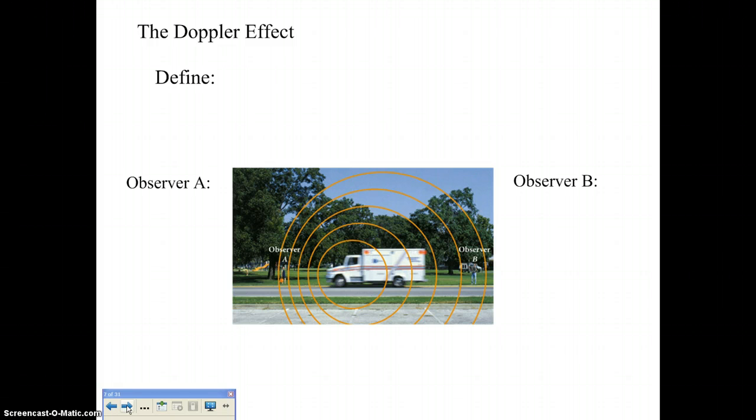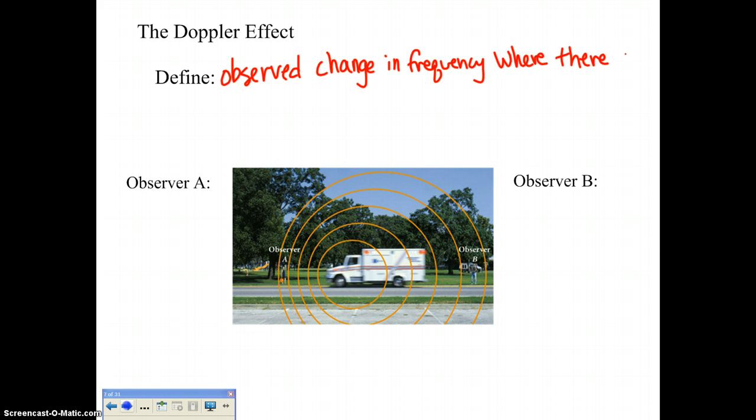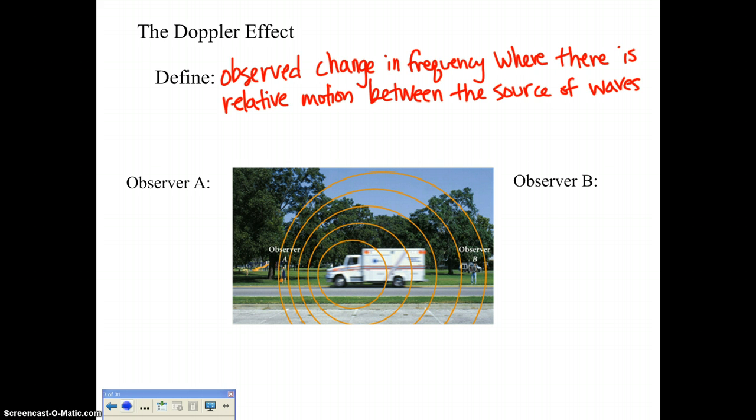Okay, Doppler effect. For the Doppler effect, what we're looking at is an observed change in frequency where there is relative motion between the source of waves and an observer.